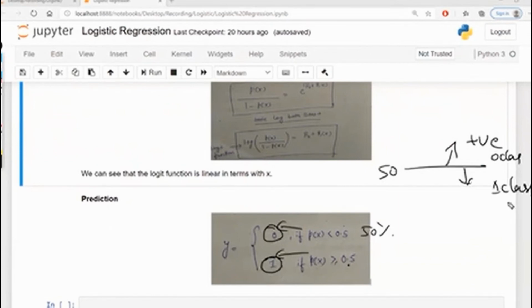This is the sigmoid function that we use in logistic regression. This is going to help us find the probability of any data point's class, right? Based on the input features, it is going to give me a probability of a class, and based on the probability, I will be able to assign it either a 0 or a 1 based on the percentage here, right?